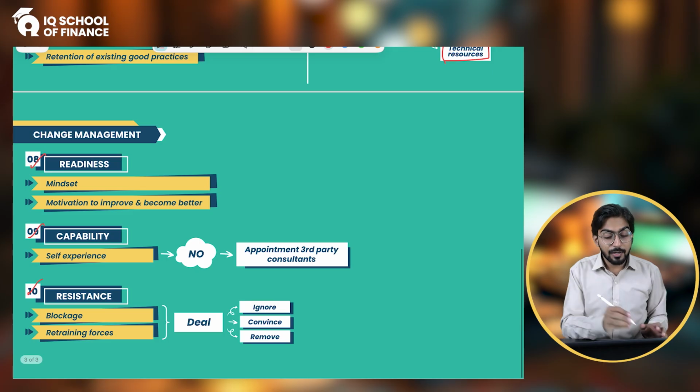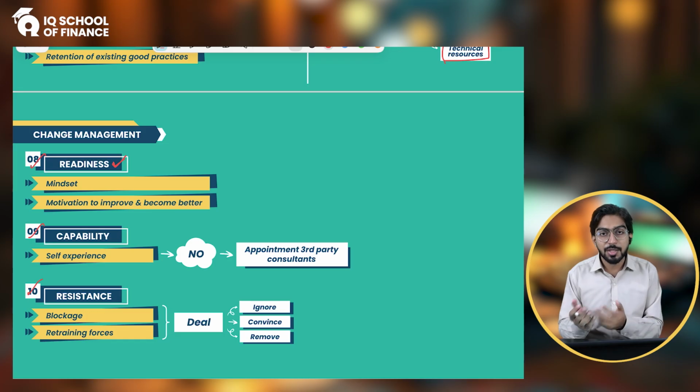Then we have the readiness. So the readiness means the mindset of your stakeholders. What kind of mindset do they have? Do they prefer the change, prefer the advancement, prefer the growth, prefer the betterment? Or if they are of a mindset that no, we don't want to innovate, we don't want to become better, we don't want to grow.